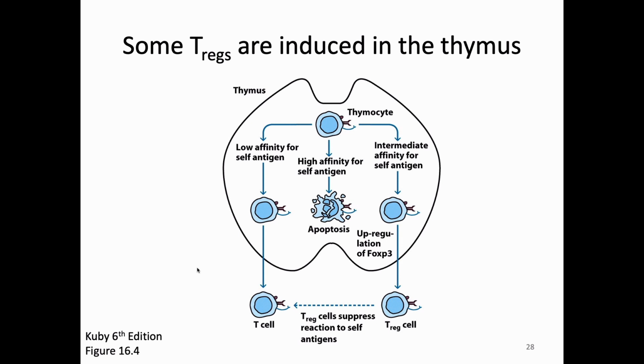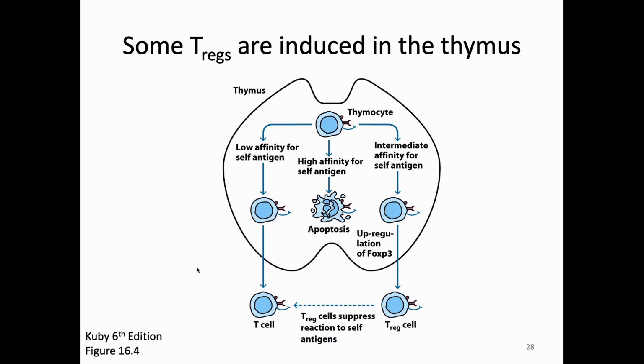Those cells were positively selected, and they become a T cell. And we had cells that got a high signal. Those cells were negatively selected and died. And I said, well, yeah, there's a fourth thing that happens.